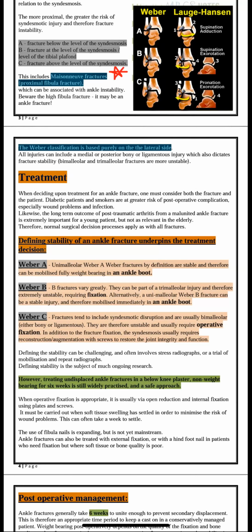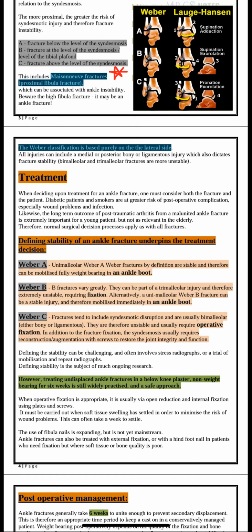When you are doing an ankle examination in an OSCE case, and you are examining over the medial and lateral malleolus, calcaneus, and you are going to the tarsal and metatarsal joints, and you are doing varus and valgus stress tests over the ankle joint, don't forget to examine the proximal fibula. Why?